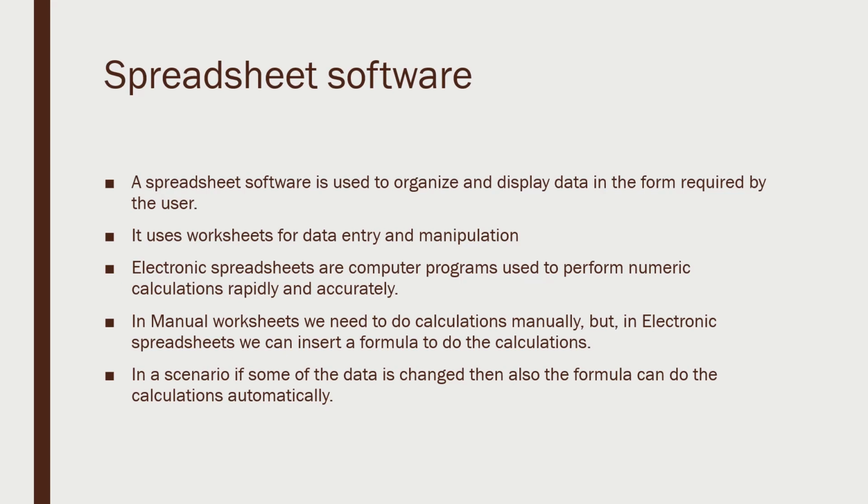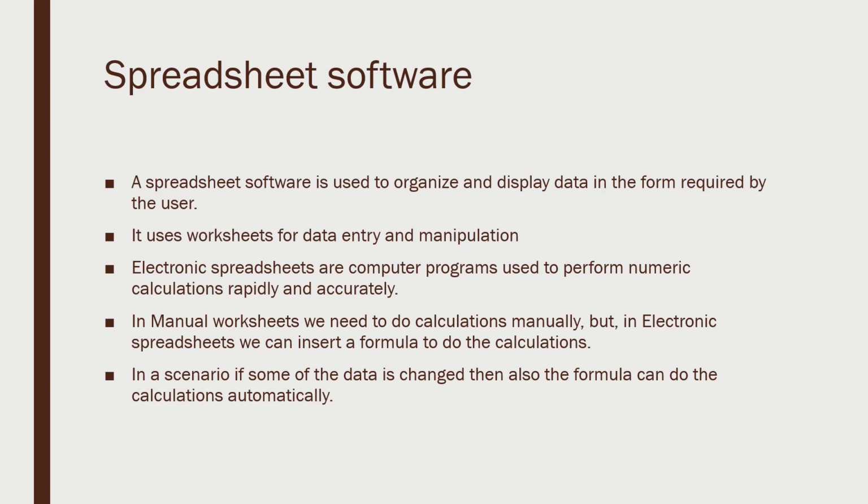Electronic spreadsheets are computer programs used to perform numeric calculations rapidly and accurately. In manual worksheets, we need to do calculations manually, right? Like your grocery store person does. But in electronic spreadsheets, we can insert a formula to do the calculation.